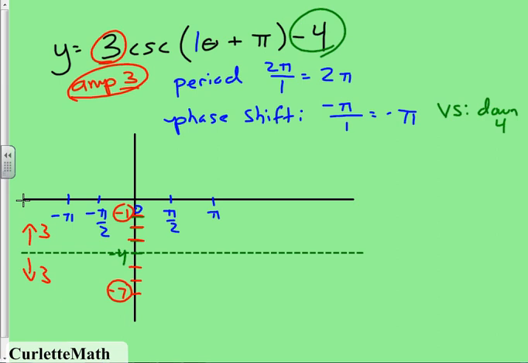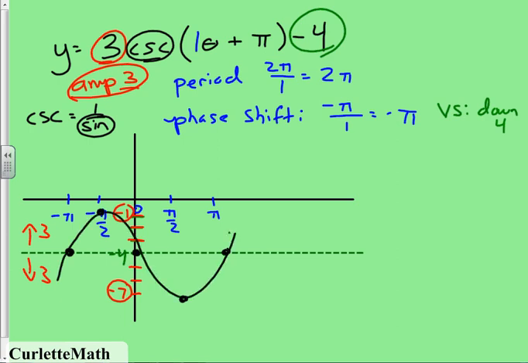Graphing in my, if I have cosecant, that's going to go with 1 over sine, so I need to graph my sine. So at my first point of my period, I'm going to be on the midline, then top amplitude, midline, bottom amplitude, midline, connecting in my points. I get my outline to start helping me graph.